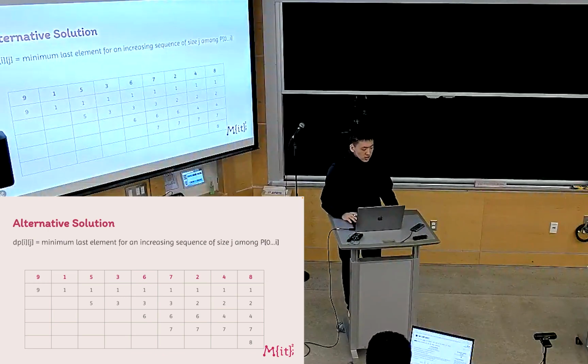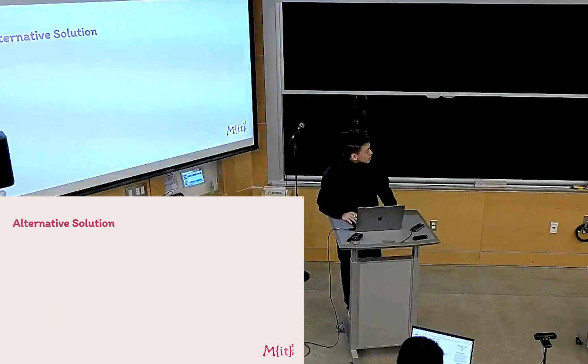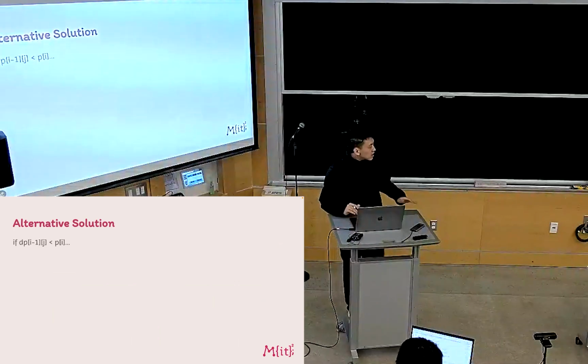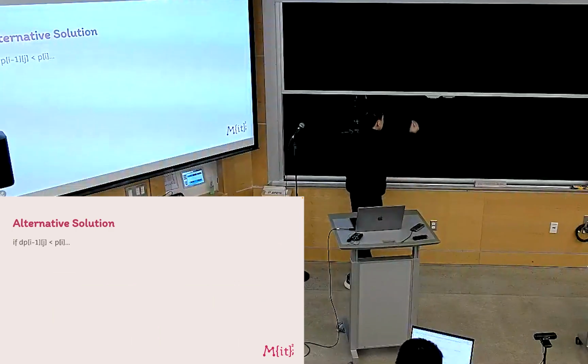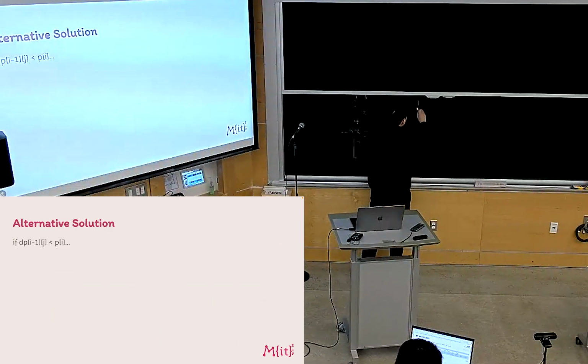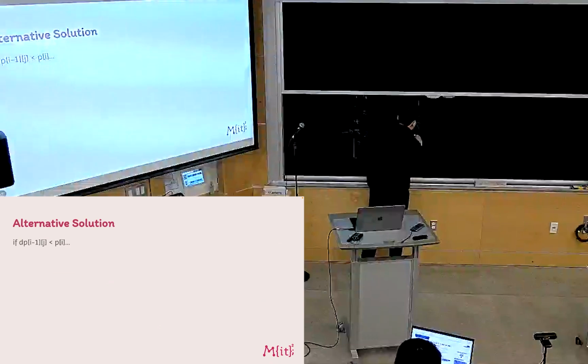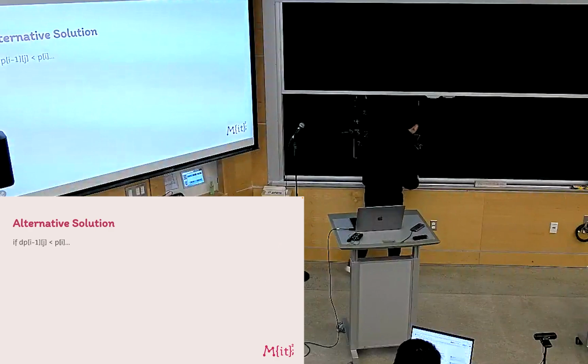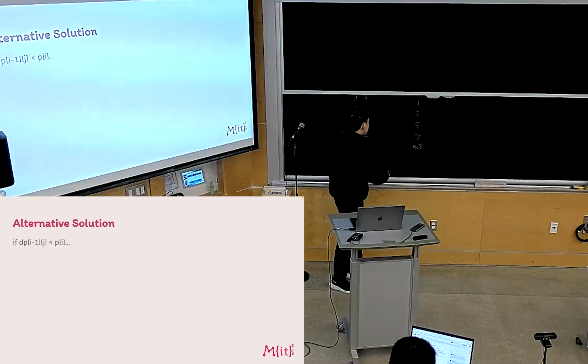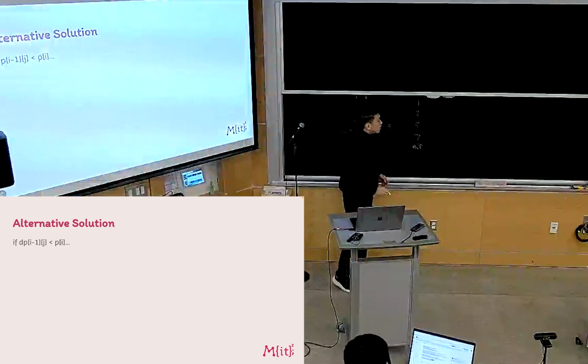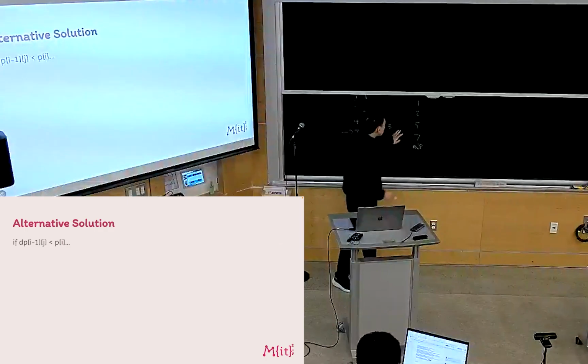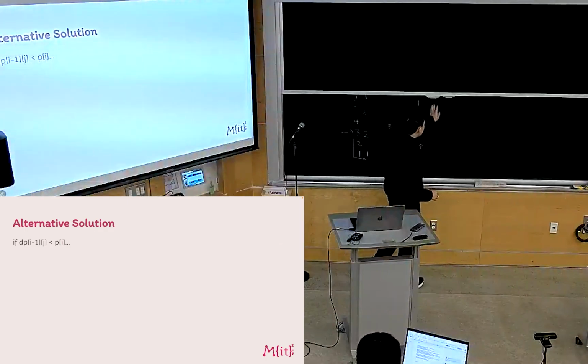So there are a few cases, but let's try to work them out one by one. Let's say our previous array looked like 1, 2, 5, 7, and then everything afterwards is infinity, right? And now our next element is 3. Well, so let's say we wanted to find this new array, okay?